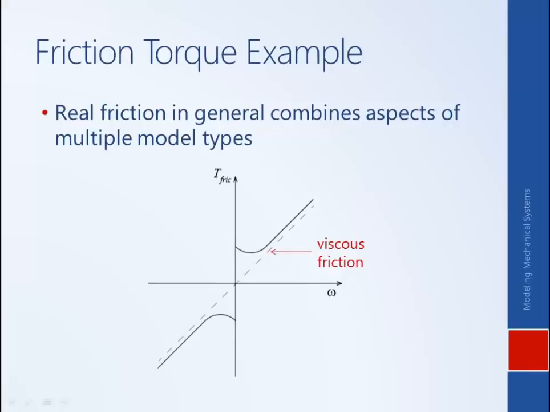So the faster it's spinning, the larger the force is. But there's also a stiction element to it, which was discussed previously, where it'll initially stick before it breaks free. In this more realistic type of model, we will actually see examples like this when we do our laboratory activities.